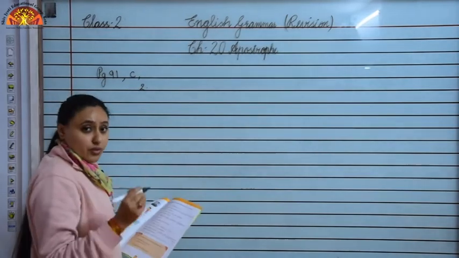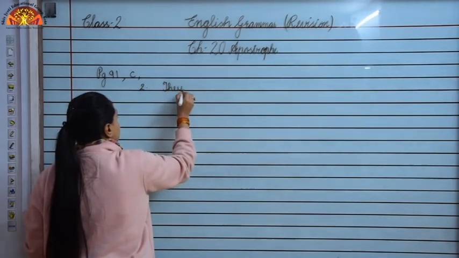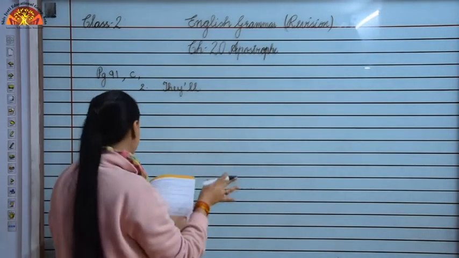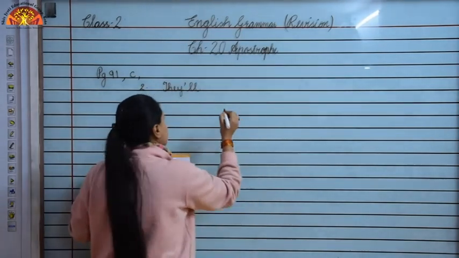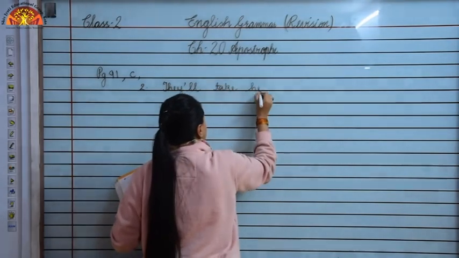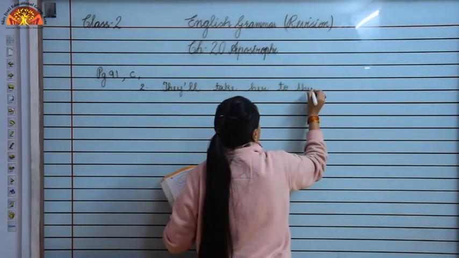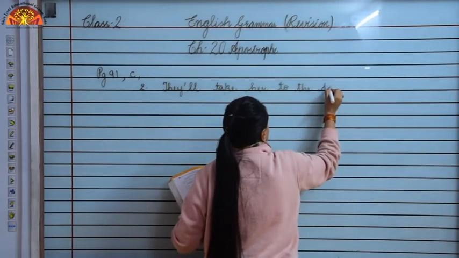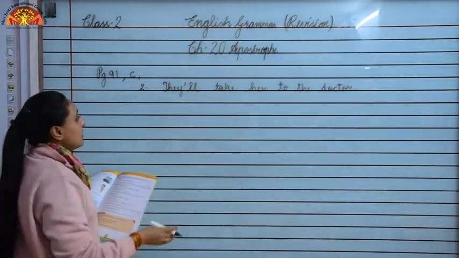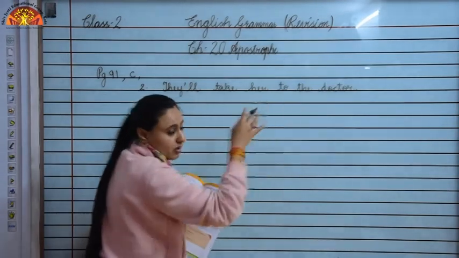So children, the short form for they will is they'll, apostrophe double L, and we will read it as they will take her to the doctor, okay?